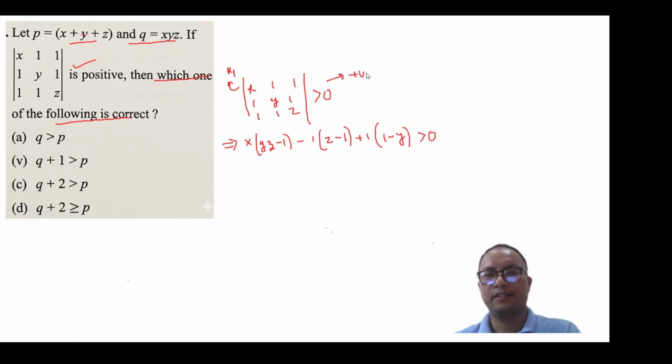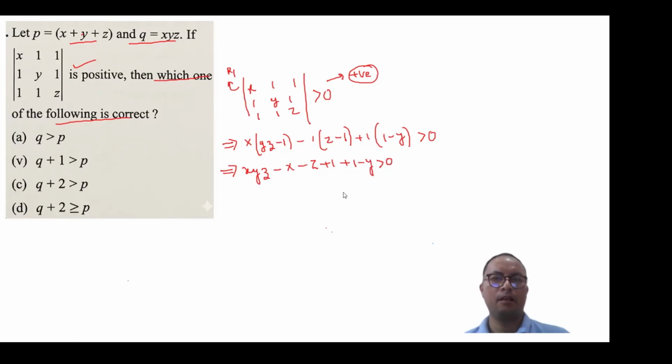It is given that the determinant is positive. So this will be xyz minus x minus z plus 1 minus y greater than 0.